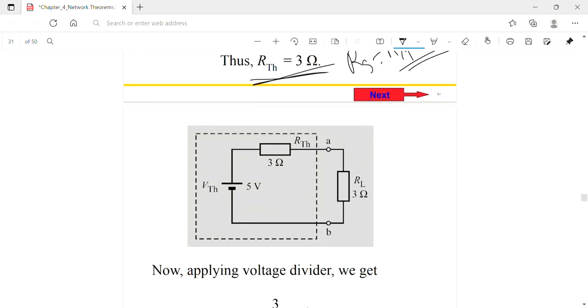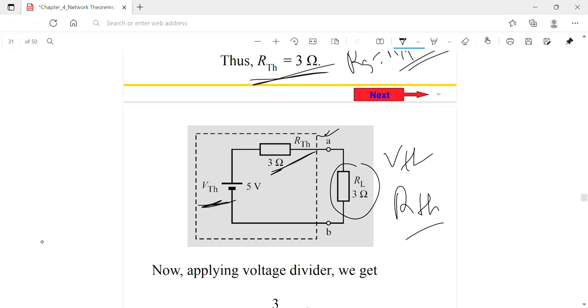After finding V Thevenin and R Thevenin, we now create an equivalent circuit with a voltage source of 5 volt, a Thevenin's resistor of 3 ohm, and a load resistor of 3 ohm. Here the 3 ohm and 3 ohm are connected in series, and we have to calculate the voltage through this load resistor of 3 ohm.